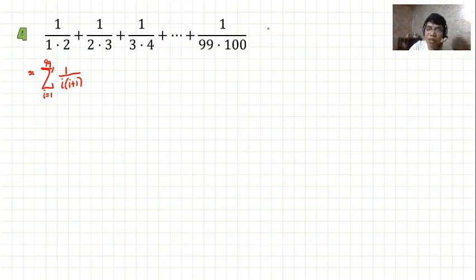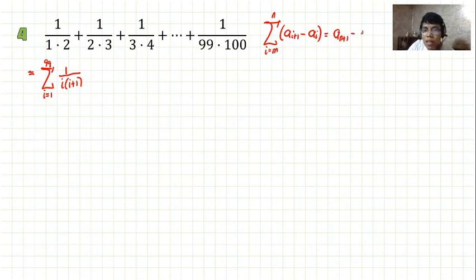Now, recall the telescoping sum is given by the summation of a sub i plus 1 minus a sub i, from m to n, is just equal to a sub n plus 1 minus a sub m. This is the formula of the telescoping sum. So therefore, to use this telescoping sum, we must have a sub i plus 1 minus a sub i. But here, it is not a minus. So we need to do something here to make that minus appear.